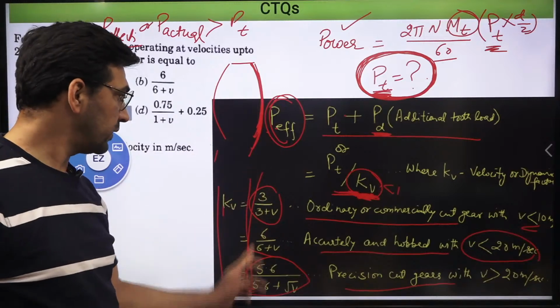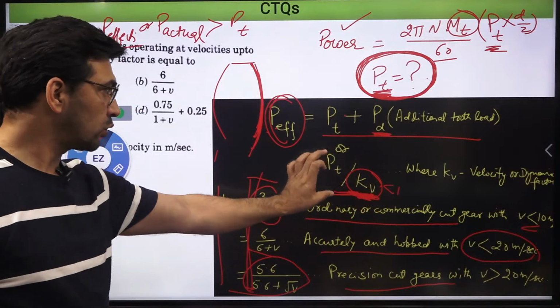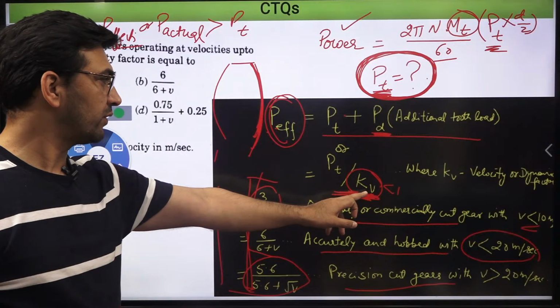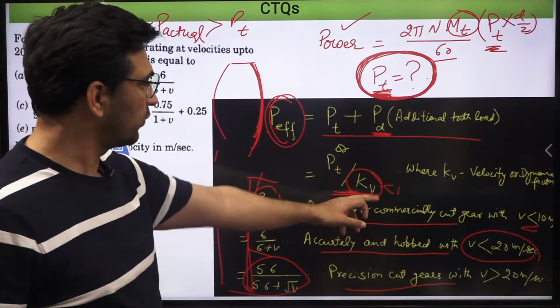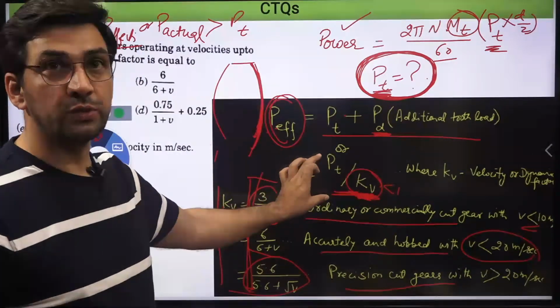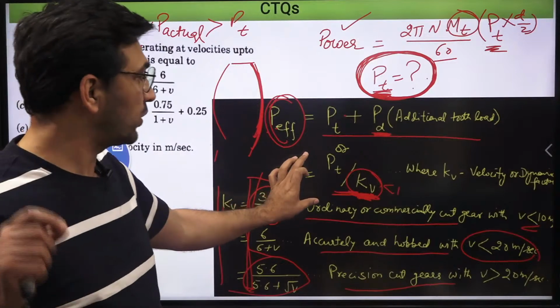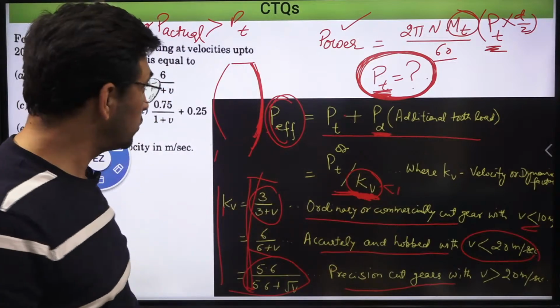Keep it in mind, only if this kV value is less than 1 can you say the total value will increase. Otherwise, if it is greater than 1, then the actual value will reduce. It means there is some kind of understanding gap, or you have some wrong information available with you. He can also give the same information.